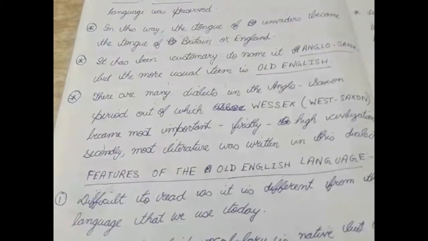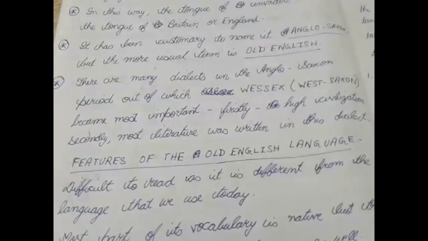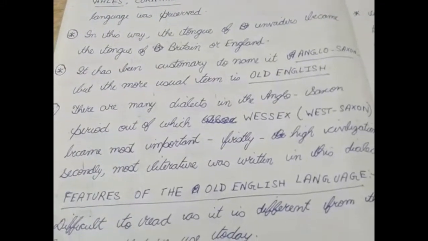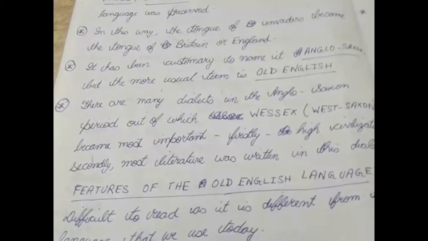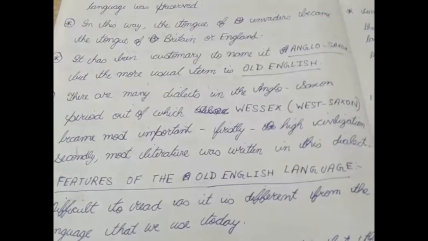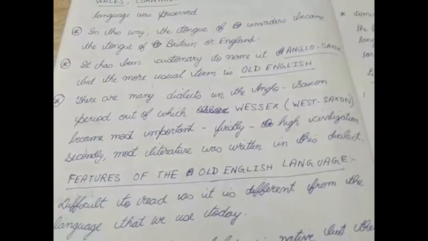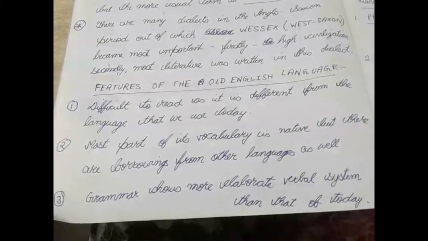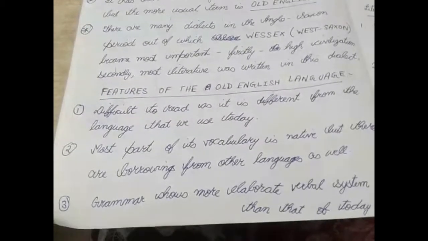Its importance can be determined by two factors. Firstly, because of its high civilization, and secondly, because most literature written in the Anglo-Saxon period was written in this dialect. Then let us see the features of the Old English language.